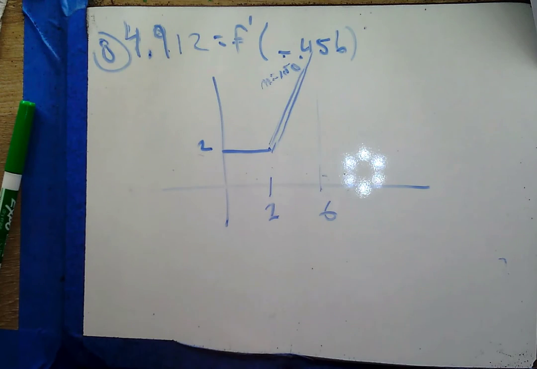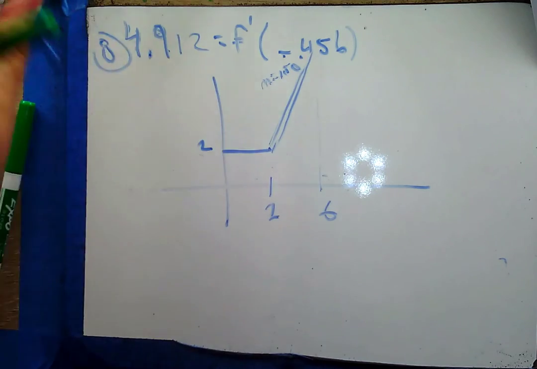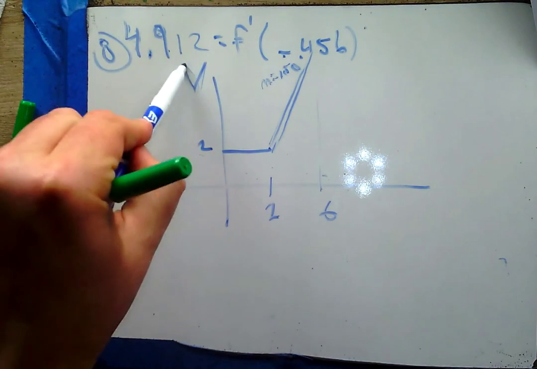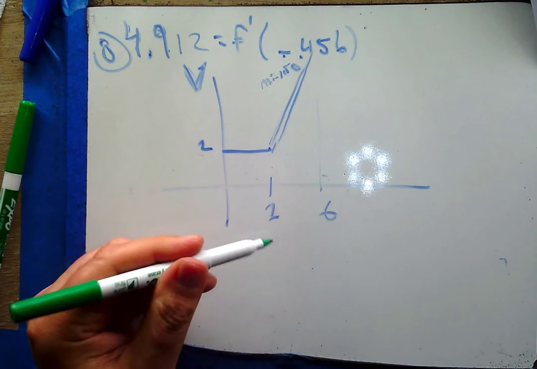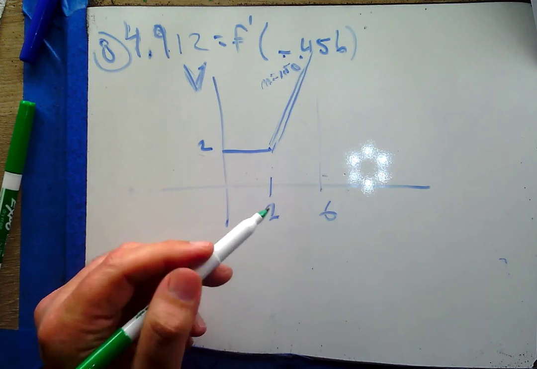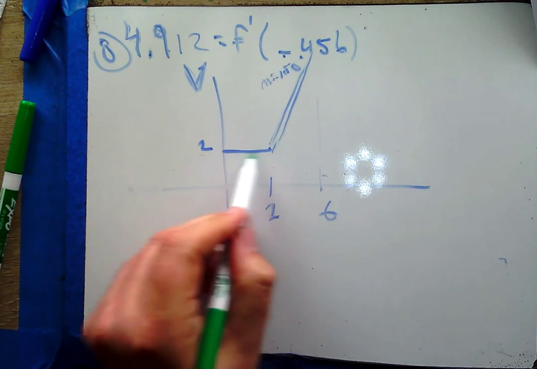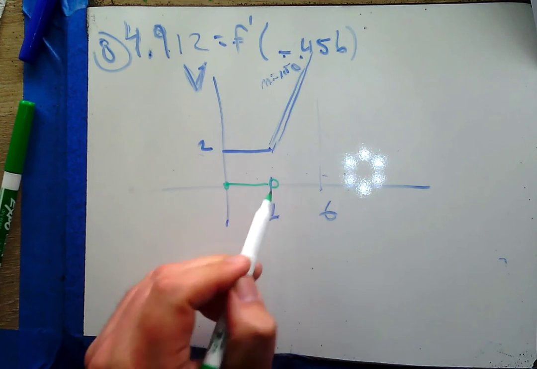Okay, and that pen needs to be replaced. What's next? Sketch v prime. Okay, so that was v of t in blue. And now in green, we're going to have v prime. So the derivative of this first piece is 0.